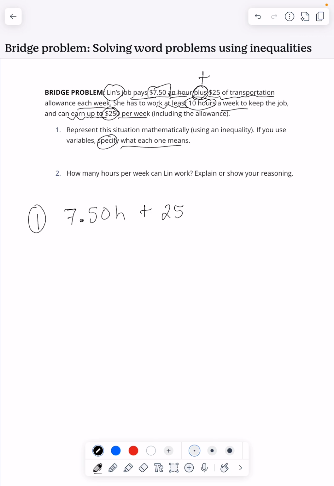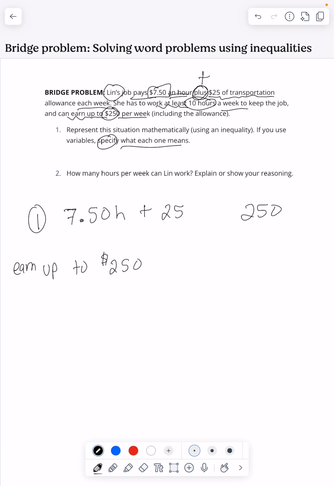And in this case, it told us that she has to work at least 10 hours, but she wants to earn up to $250 here, right? So it's up to that. And so in this case, then, if we know that she's trying to make $250, it says that she can earn up to that, right?